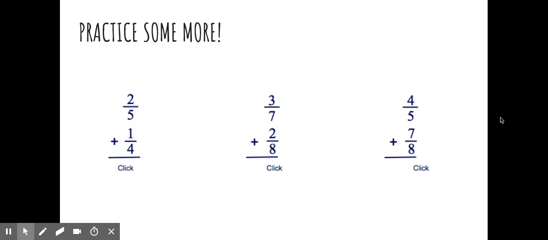So let's take 3 and list the multiples: 3, 6, 9. Oh, look, 9 and 9. 9 is a multiple of 3. So we can stop, and we're allowed to use the same denominator of one of the fractions as long as it's a common multiple.